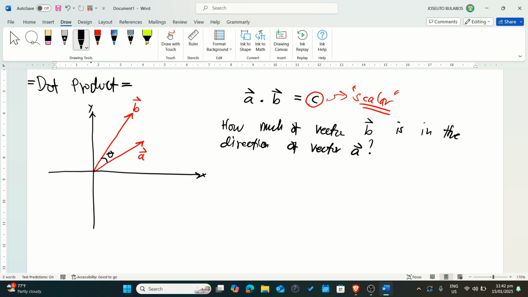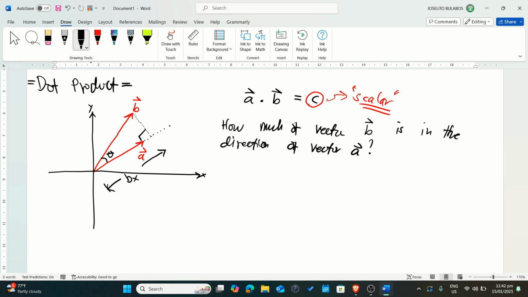If I extend vector A there and draw a perpendicular line here, the value of vector B that is along the direction of vector A must be this one.